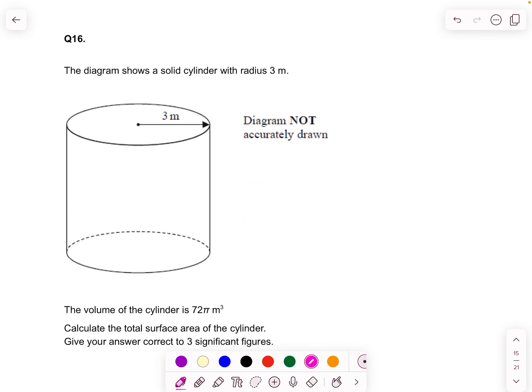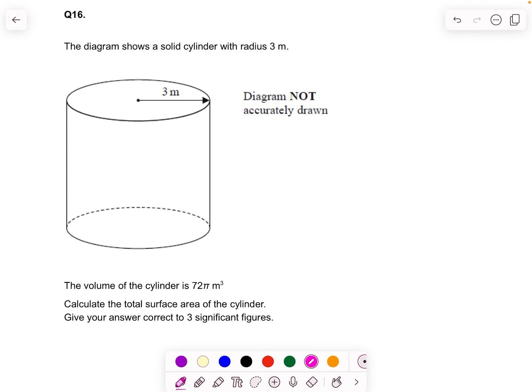Okay, number 16. So here it says the volume of a cylinder is 72 pi meters cubed. Calculate the total surface area. So in order to find the total surface area, you have to do a lot for this one actually. I need to know what the height is, and I'm going to find the height from looking at the volume.